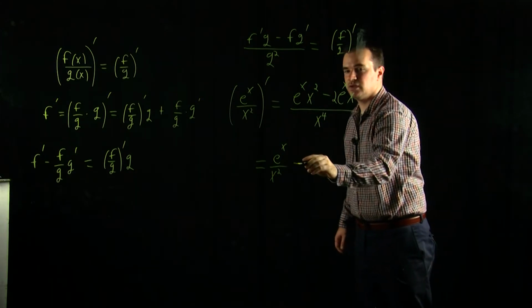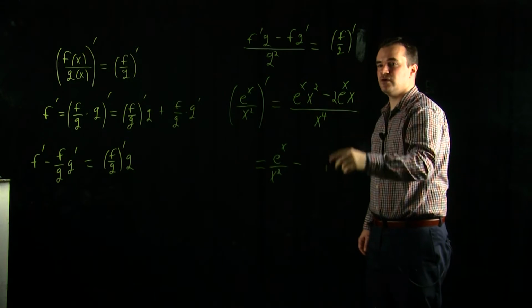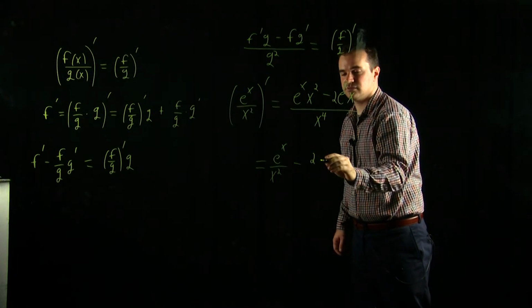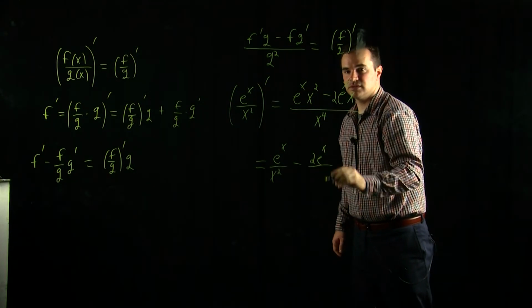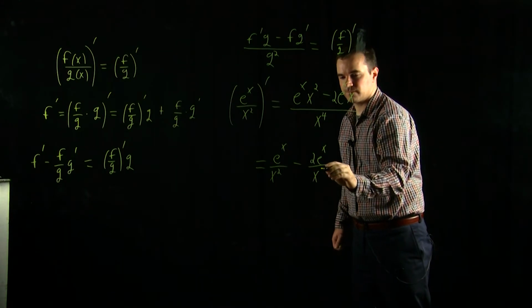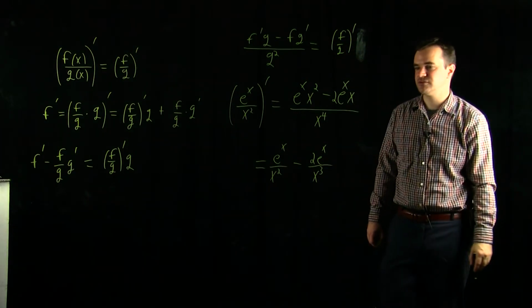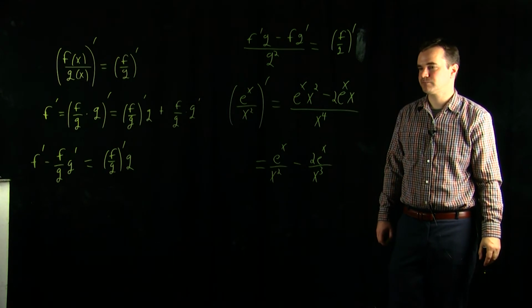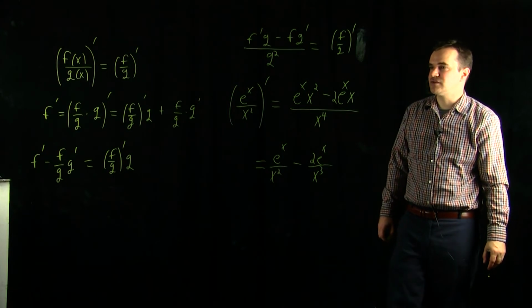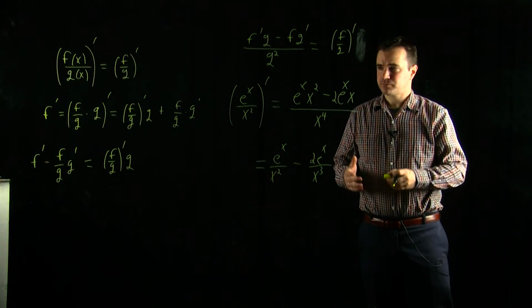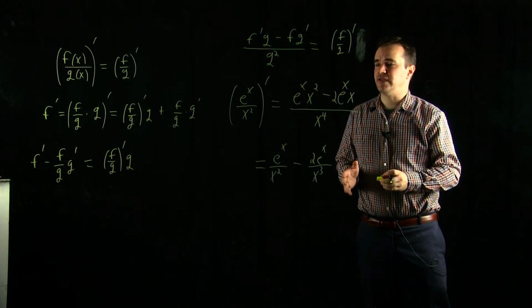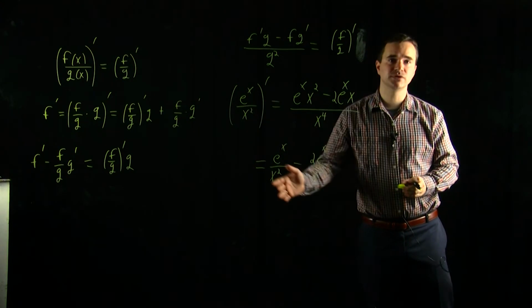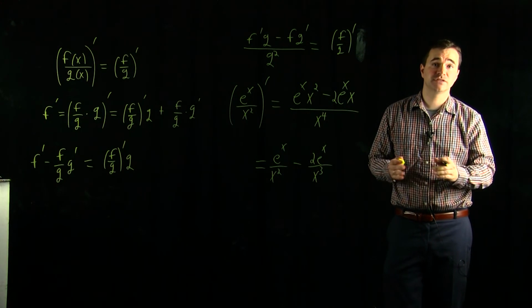For the second one, you can cancel one factor of x, giving you 2 times e to the x over x cubed. So that's completely the same. And this is a quick way of showing you how to find the derivative when you've got a quotient of two functions. That's the quotient rule.